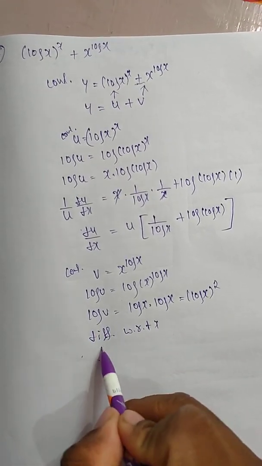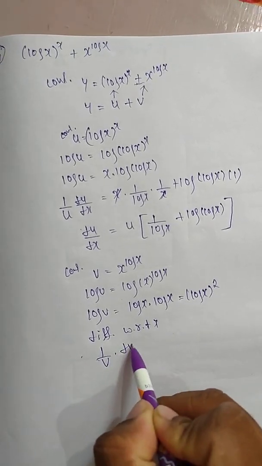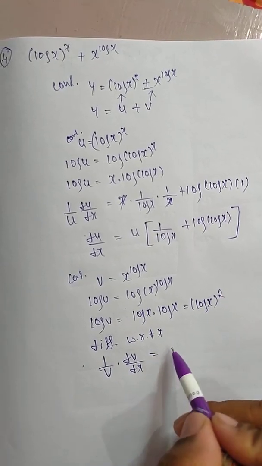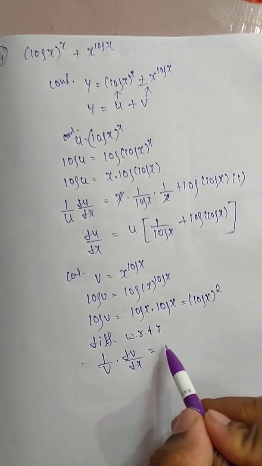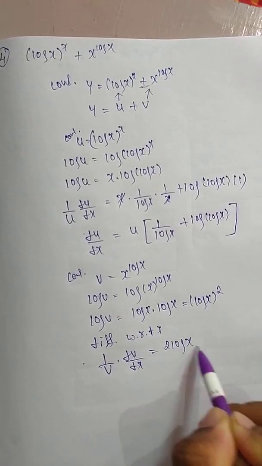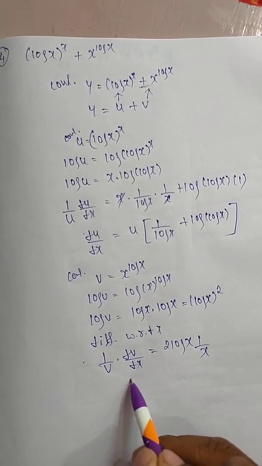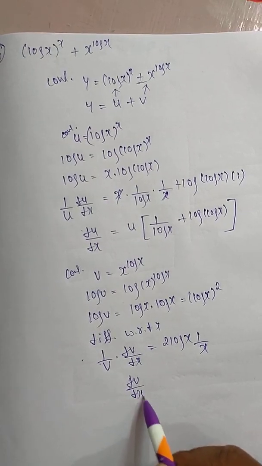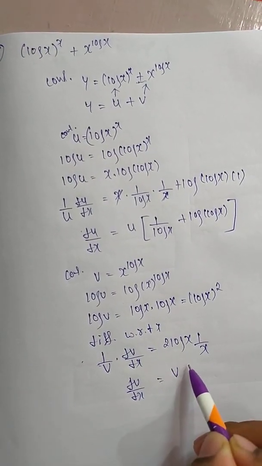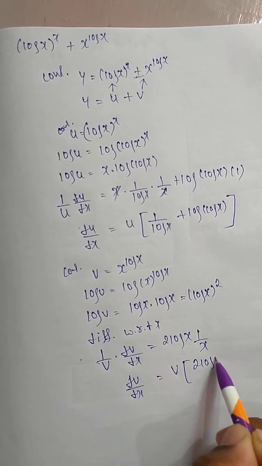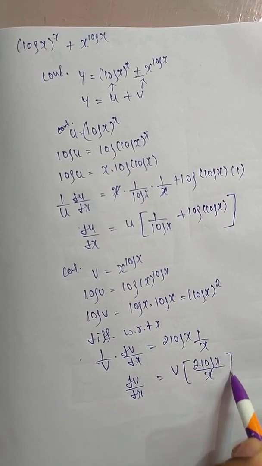The differentiation of log v is 1 by v into dv by dx, is equal to, what is the differentiation of (log x) whole square? First you differentiate the power, 2 log x. Again the differentiation of log x is 1 by x. So dv by dx is equal to v into 2 log x by x.